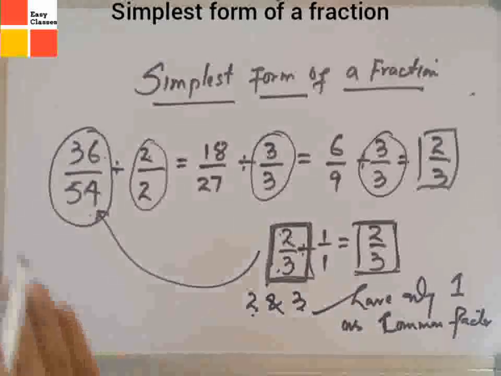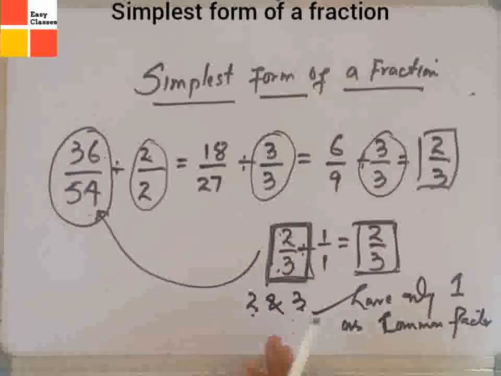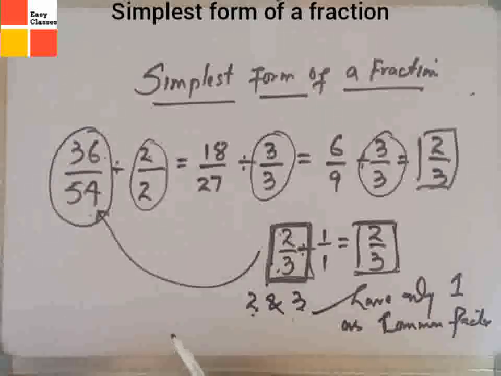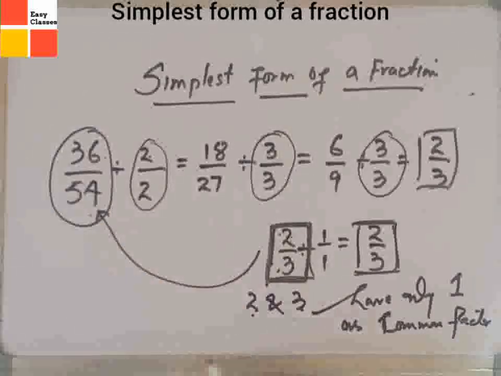Now this method seems to be a somewhat long procedure while converting a fraction into its simplest form. There must be some shortcut, or some systematic method, to convert a given fraction into its simplest form.